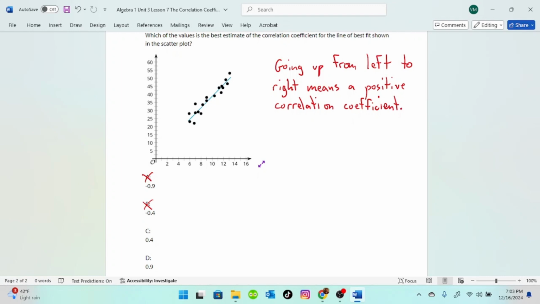So now I just need to determine how spread out these points are from the line of best fit.